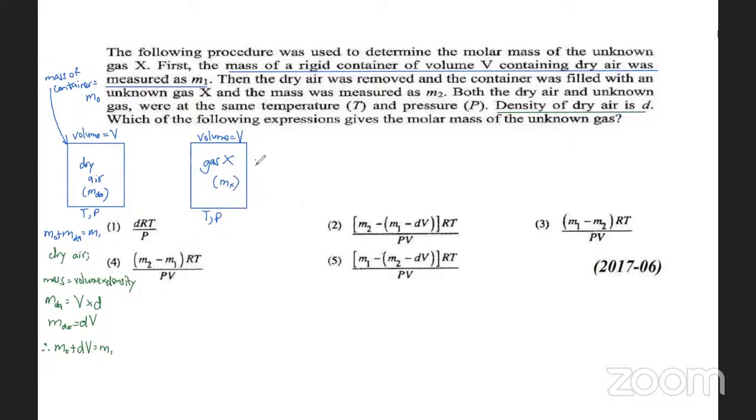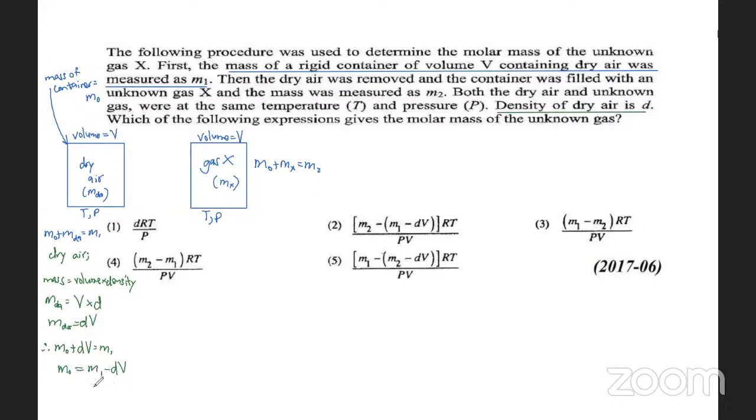That means the mass of the container plus the mass of gas X is equal to M2. From the first equation I can find M0: M0 is equal to M1 minus dV.